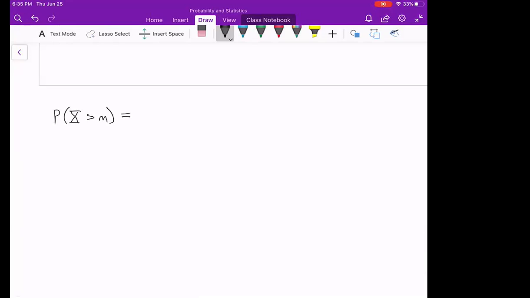And now m, of course, has to be an integer because this is discrete, which means that because geometric is discrete, this is the same as asking x greater than or equal to m plus 1. Because if it's greater than m, then it has to be the next integer up. And the distribution is q to the x minus 1 times p. So here x is going to be m plus 1 up to infinity. It goes on and on and on. So I want to figure out what this is.